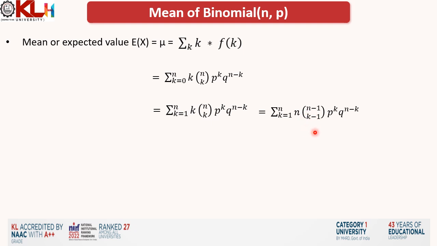This we have seen in the example where we are forming a team and we are choosing k players from a total of n players, and one of the k players has to be a captain.